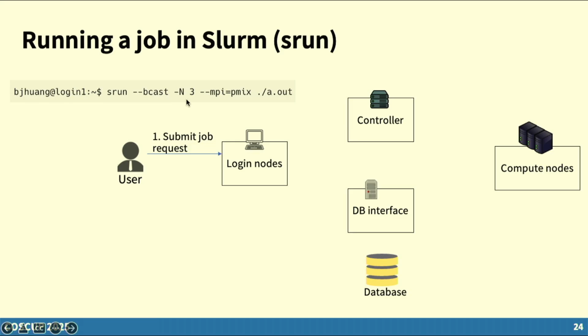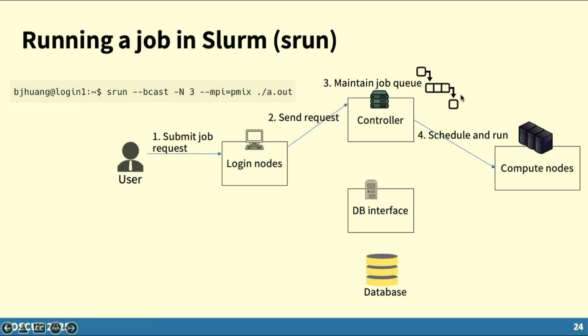The -N means how many nodes you want. Then it asks to use MPI to execute this program. After executing it, it will submit a job. Then the login node will forward it to the controller. The controller will maintain a queue and check whether this job has the highest priority. It will schedule to compute nodes and run, then it will return a result.